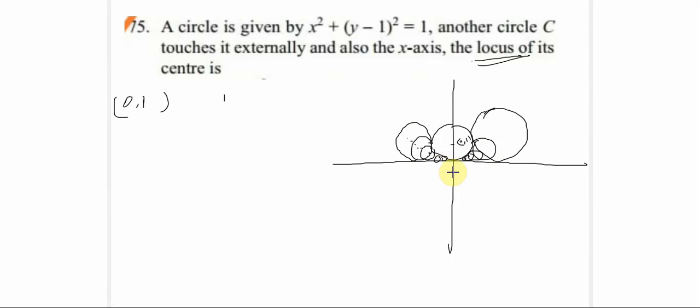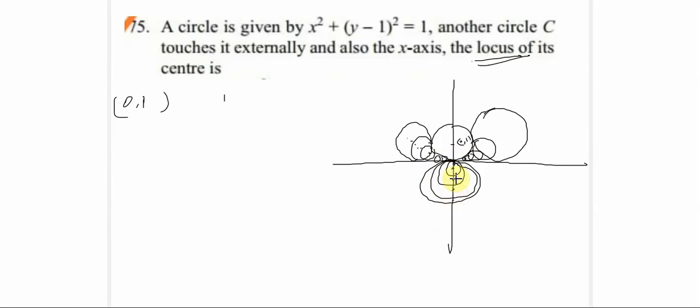Now can we have such circles on the top? No, because it has to touch the x-axis. But we can have them at the bottom, like this. For these circles, the center is easy to figure out. It's the points on the negative y-axis.